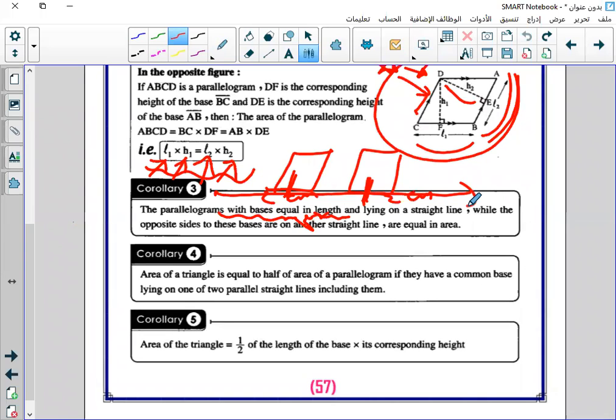So in this corollary the two parallelograms do not have a common base, but the two bases are equal in length. If the two parallelograms have a common base or the two bases are equal in length, then we say the two parallelograms are equal in area.